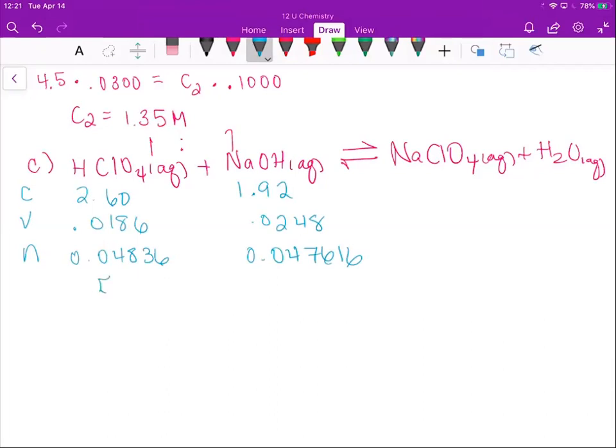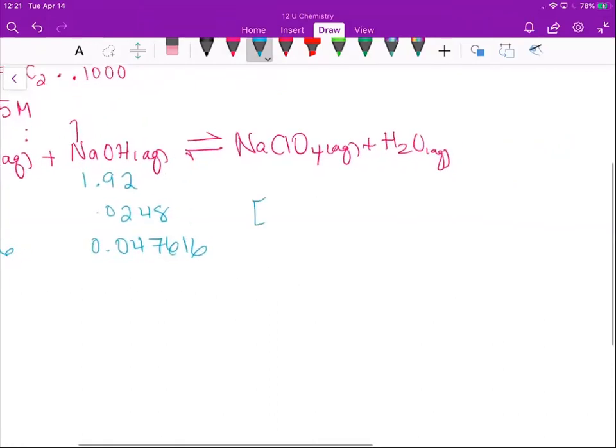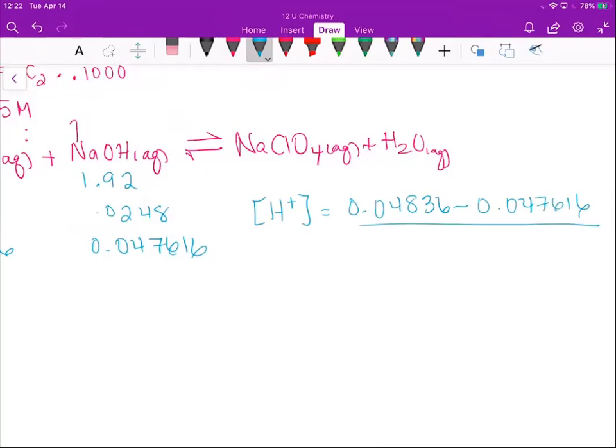Okay, you're going to see that this is the excess reactant. And so we are going to be left with hydrogen left over. How much hydrogen? Well, we're going to subtract the number of moles from both of them.